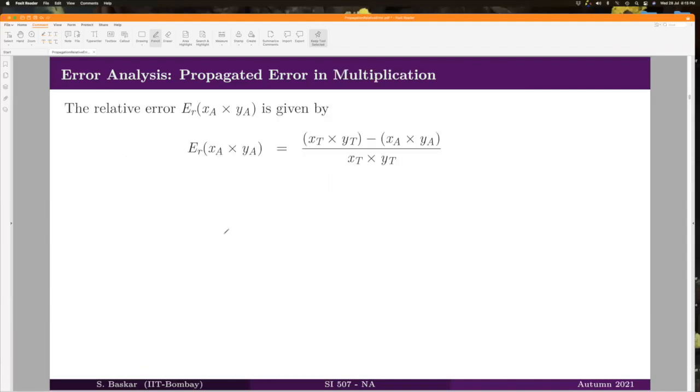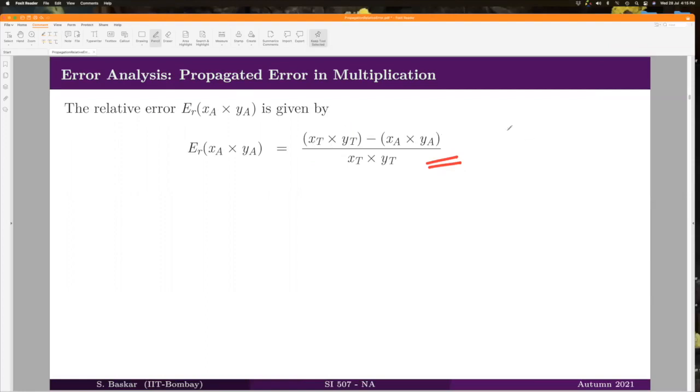Next, let us study the propagation of relative error in multiplication. The relative error in xa into ya when compared to xt into yt is by definition given like this.